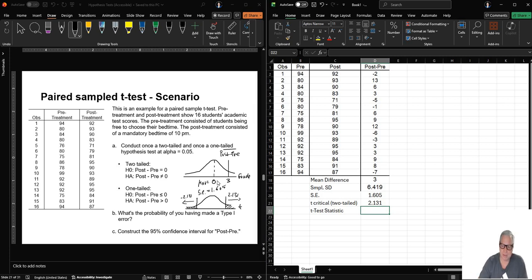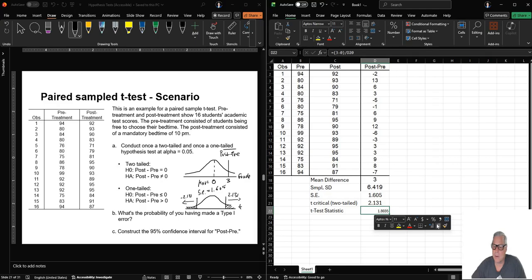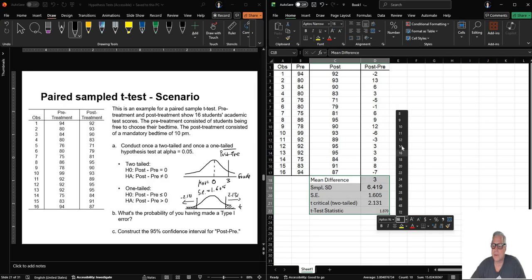So we have to calculate the t-score, and that is equal to the 3 minus the hypothetical value of 0 divided by the standard error. And we have already calculated the standard error in cell D20, so I just click into this cell, and now I get a test statistic of basically 1.87. So let's give that all the same.